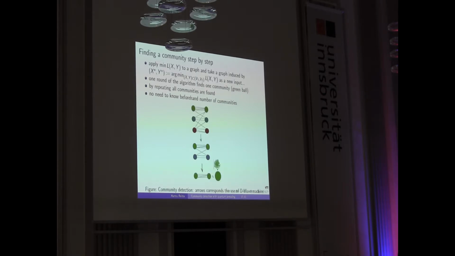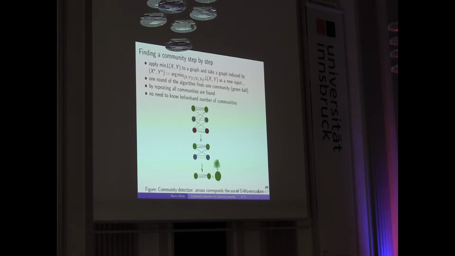And the algorithm is simply applying this argmin L to this bipartite graph. And then the next step is to take only nodes that are in the argmin L. This is X and Y that minimize the L function.